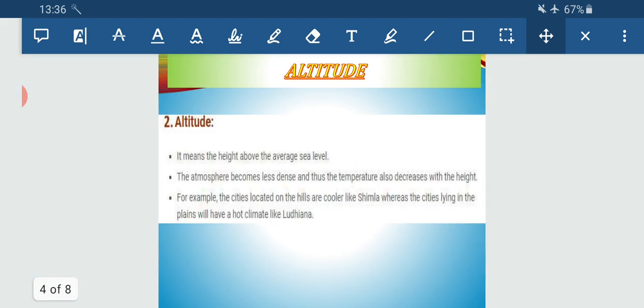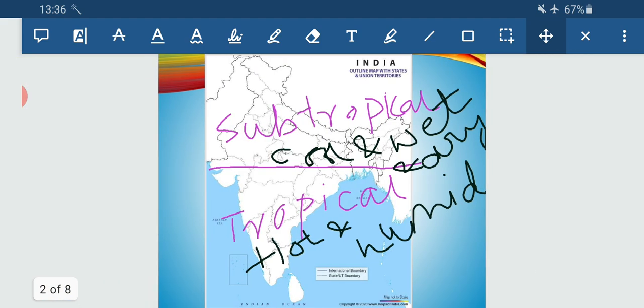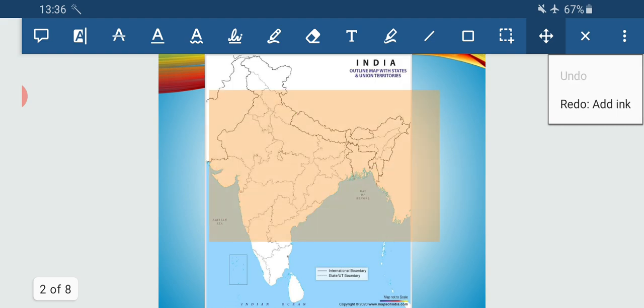The next is altitude. Now once again I am taking the reference of the map. Altitude, we all know, when the height increases temperature decreases, and I have already discussed in the previous classes the rate of decrease of temperature with the increase of height, that is with every 165 meter ascent there is a decrease of 1 degree Celsius.